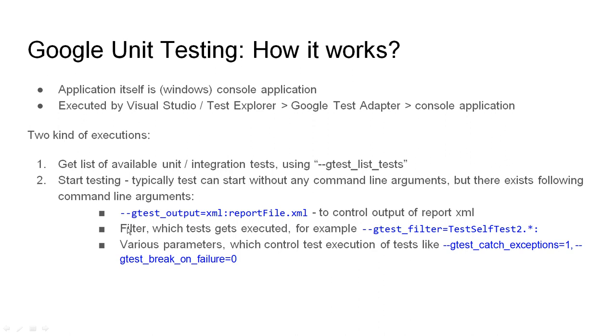Typically those are like specifying the report file for testing, specifying a filter, so what kind of classes or methods will be executed, and some additional parameters to control test execution.